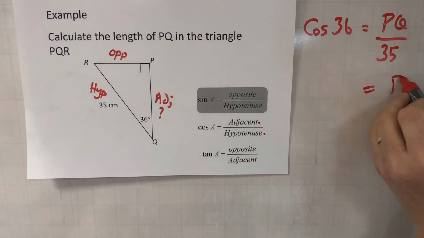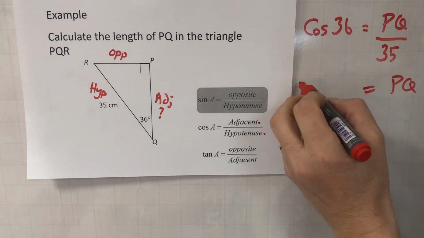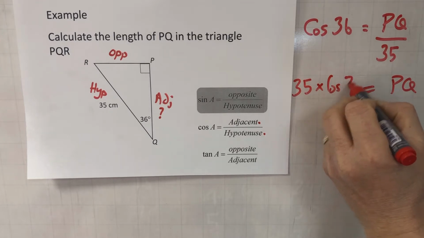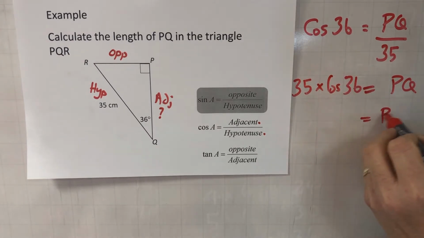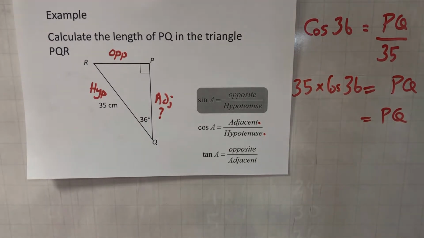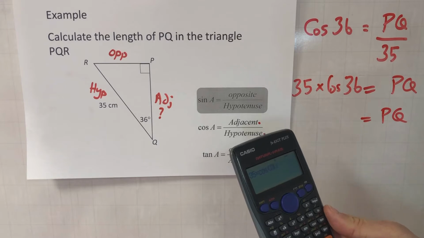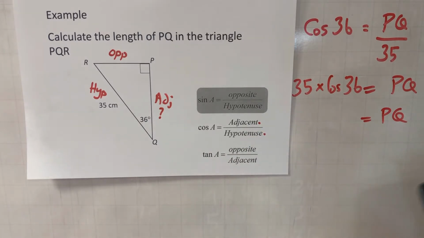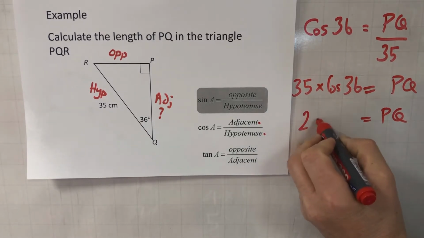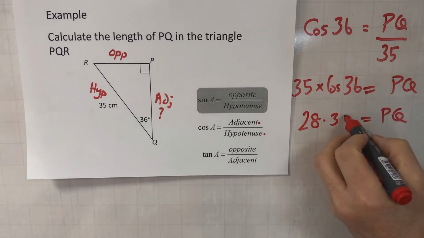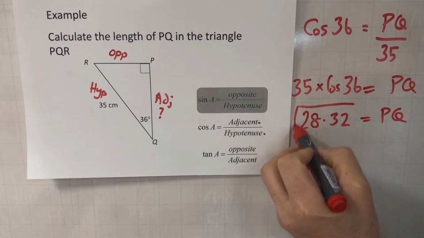So as with previous work, take that across to the other side as a times 35. So I do 35 times by the cos of 36 on the calculator. So 35 times cos 36 equals, and that comes out as 28.31, but I'm cutting a 5 off, so 3.2 is what I write down.